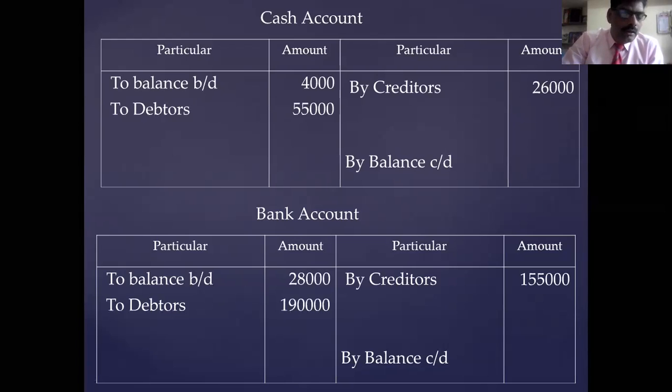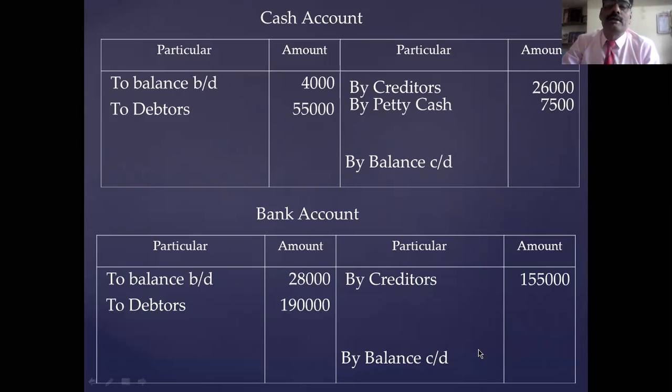Then regarding the cash transaction, all the expenses are paid by check and petty cash expense paid in the form of cash. So in the cash book, I'll write the petty cash expense 7,500. This is paid in the form of cash, petty cash. And all the expenses are disbursed by check. So all the remaining expense I'll take in the bank account.